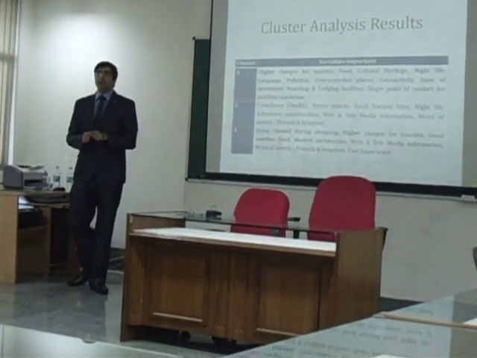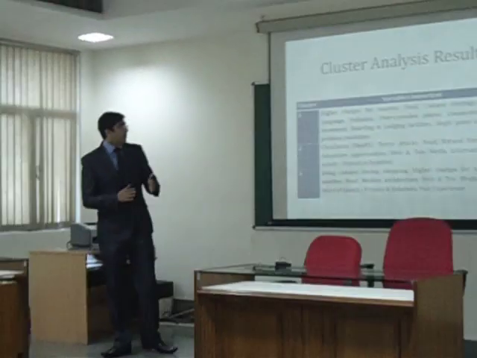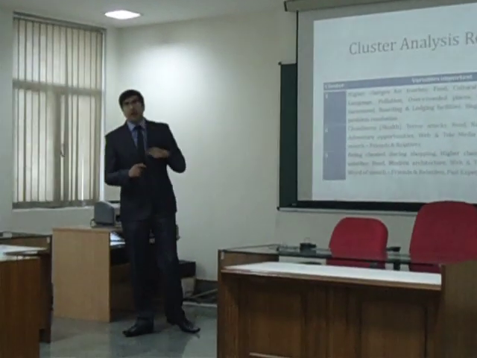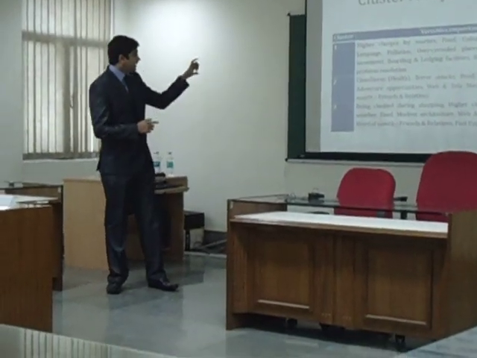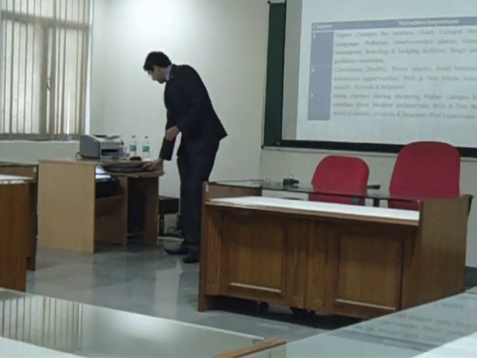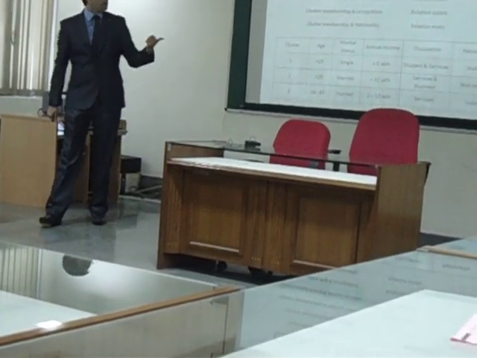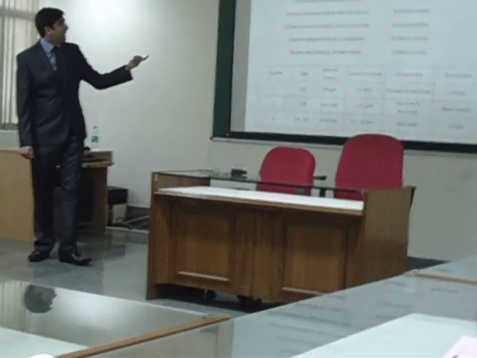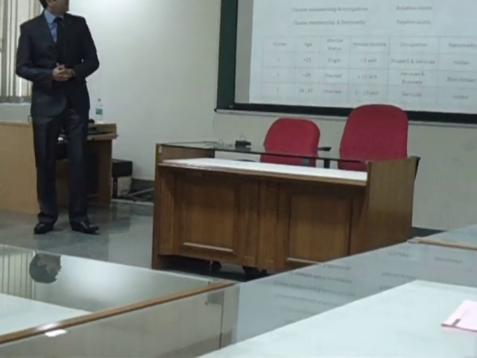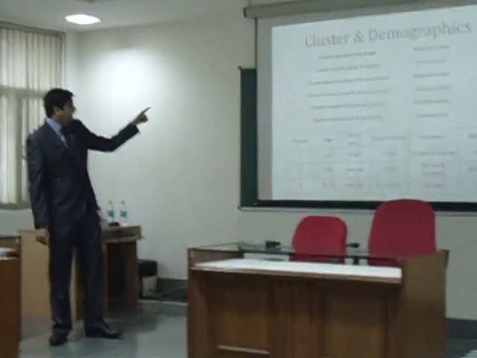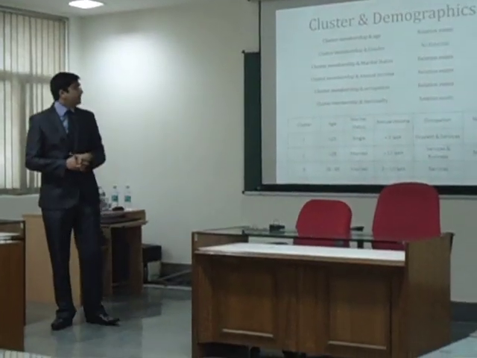Next step, we looked at what the demographic and psychographic profile of these clusters is. So we cross-checked cluster membership against the demographic profile. We found that there is a significant relationship between cluster membership and age, and others also, but not between cluster membership and gender.